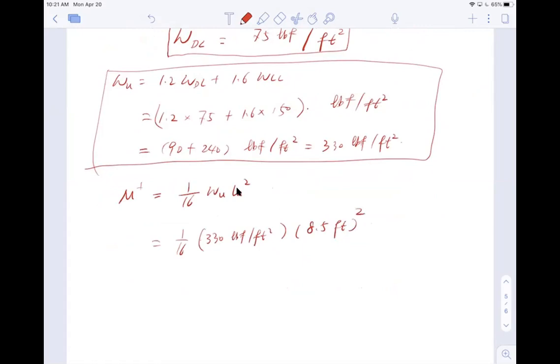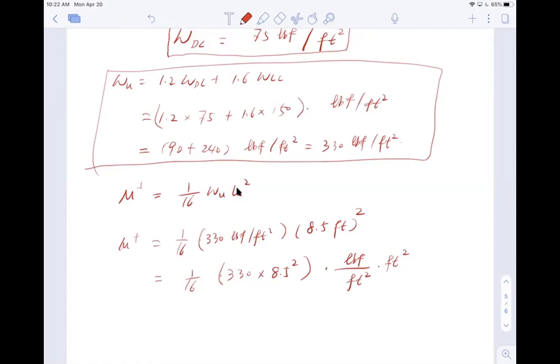What I'm more interested in is the unit. So this is pounds per feet squared, and I have a feet squared.